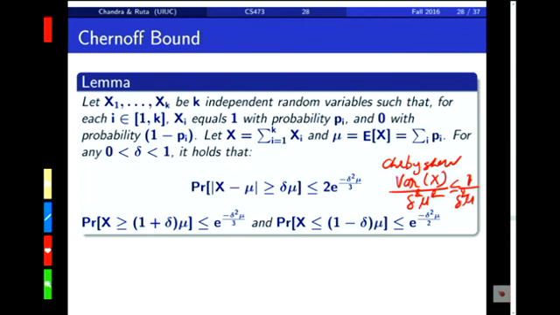This is kind of quadratically dependent on delta, right? And this is exponentially dependent on delta. Right? So in that sense, it's a huge difference. Okay?